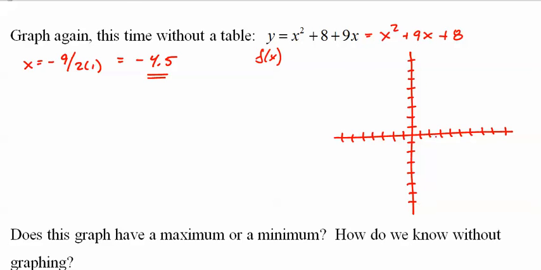So we go over to 4.5. Plug that in. I'm going to use negative 9 halves just because I can do that math a little bit better in my head.